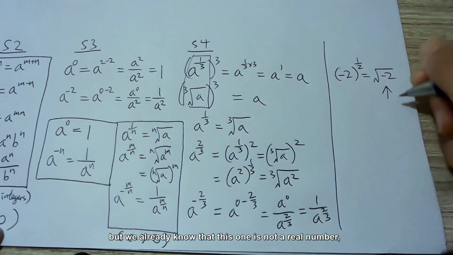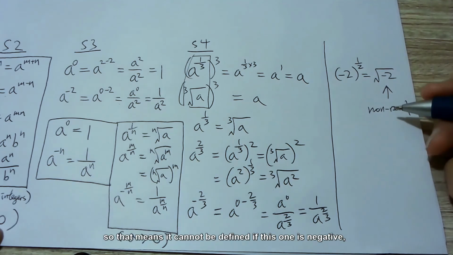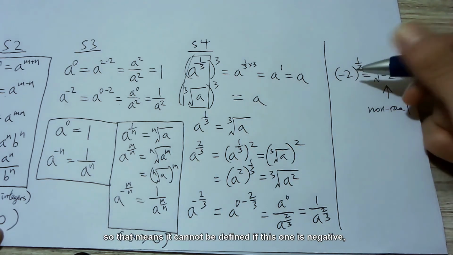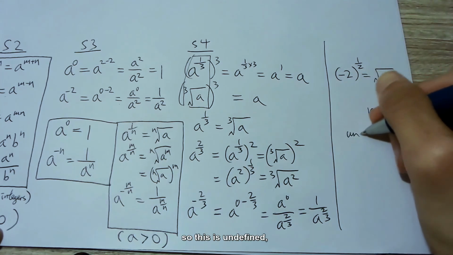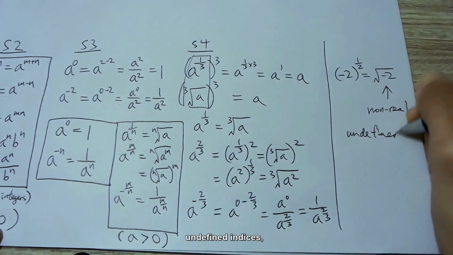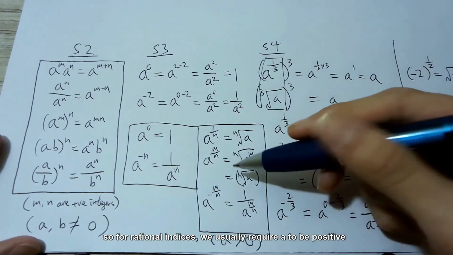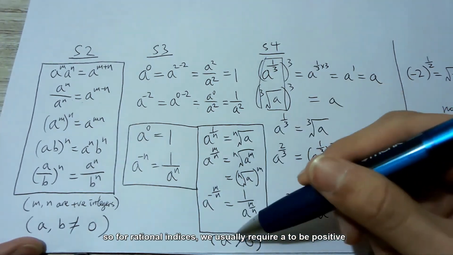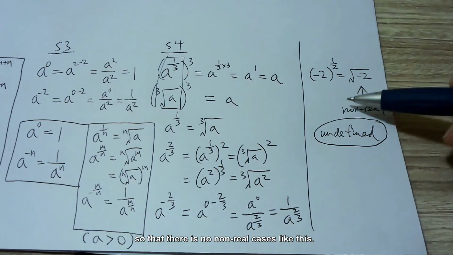But we already know that this one is not a real number. So that means it cannot be defined if a is negative. So this is undefined. So for rational indices, we usually require a to be positive so that there are no non-real cases like this.